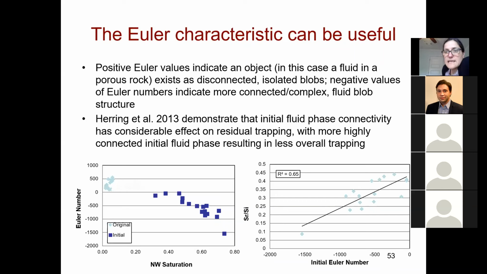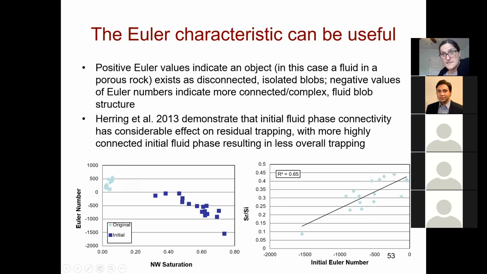With the understanding that we looked at a much smaller image. Again, it says that positive Euler values indicate that the object exists as disconnected isolated blobs.